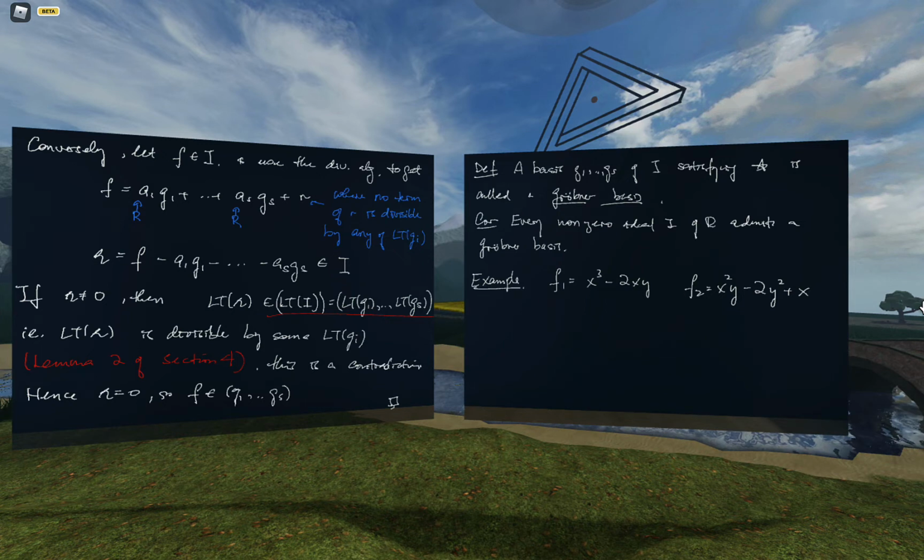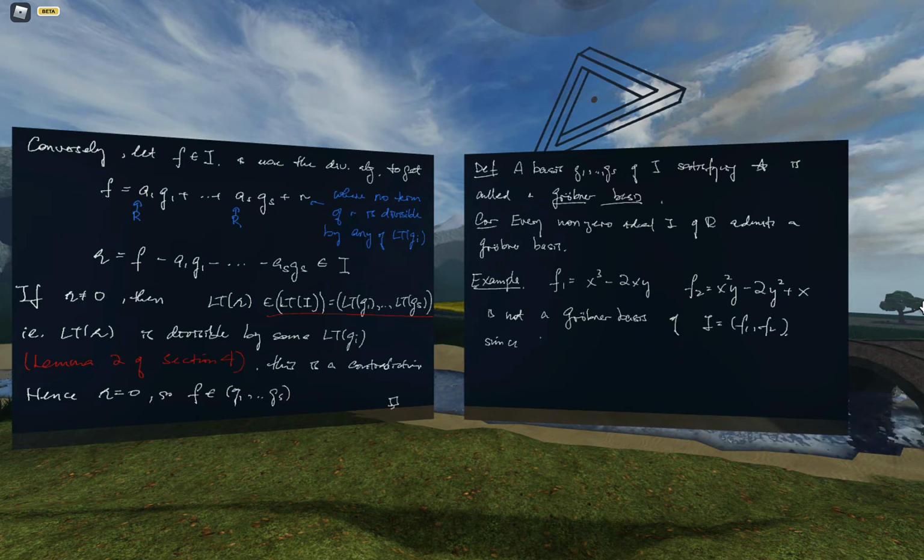So this is not a Gröbner basis of I equals (f1, f2). Why is that? I guess it's the same reason, right?